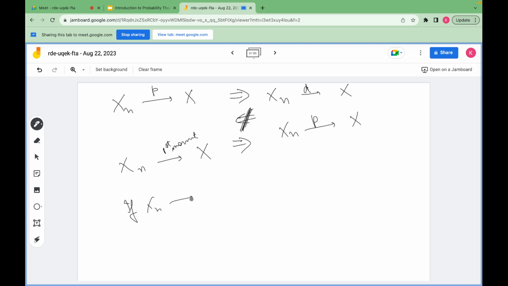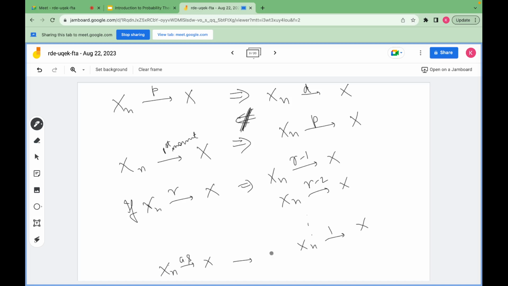If Xn converges in the rth moment, this implies that Xn will converge in the r minus 1, r minus 2, till up to the first moment. And last is that if Xn converges almost surely to X, this implies that Xn will converge to X in probability.